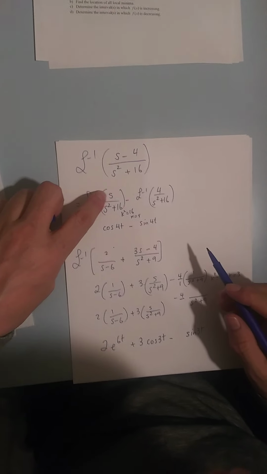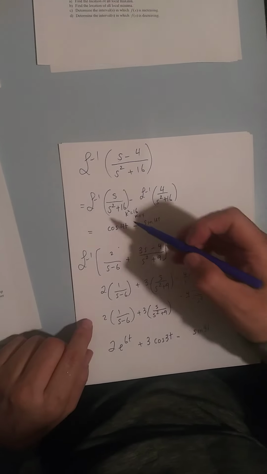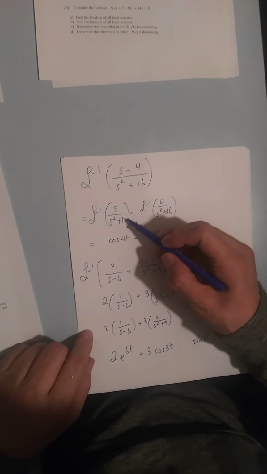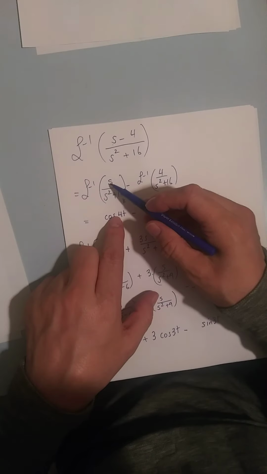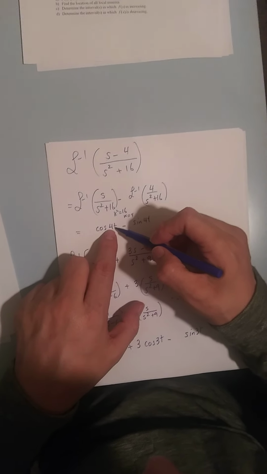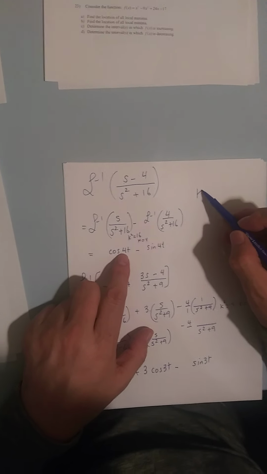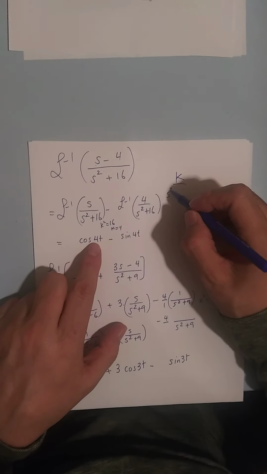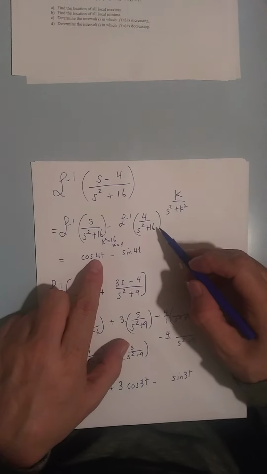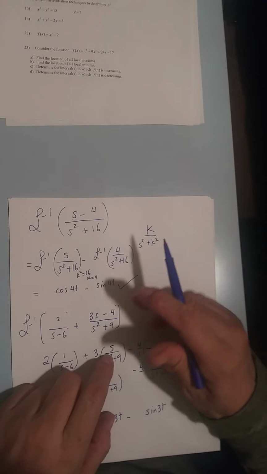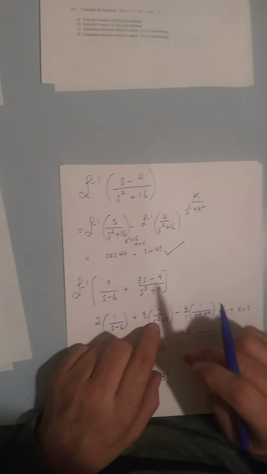Okay, s over s squared plus 16 has the form of a cosine, where k squared is 16, so k is 4. So this would be cosine 4t. 4 over s squared plus 16 has the form of k over s squared plus k squared, where k squared is 16. So this is sine 4t. So this would be the inverse transform of this function.